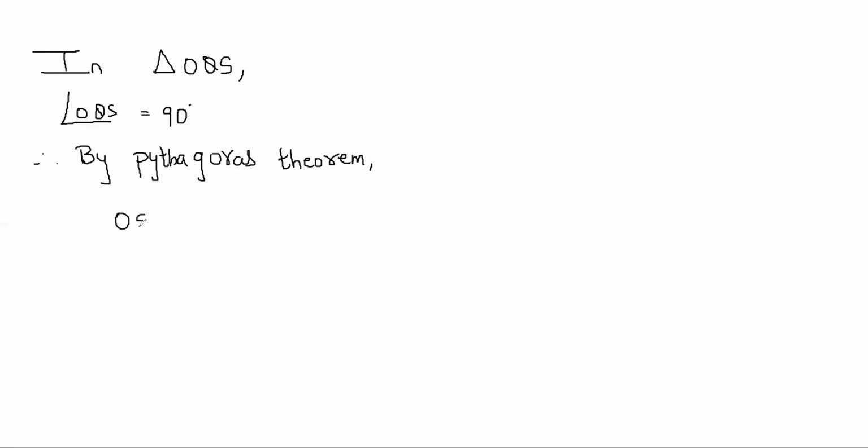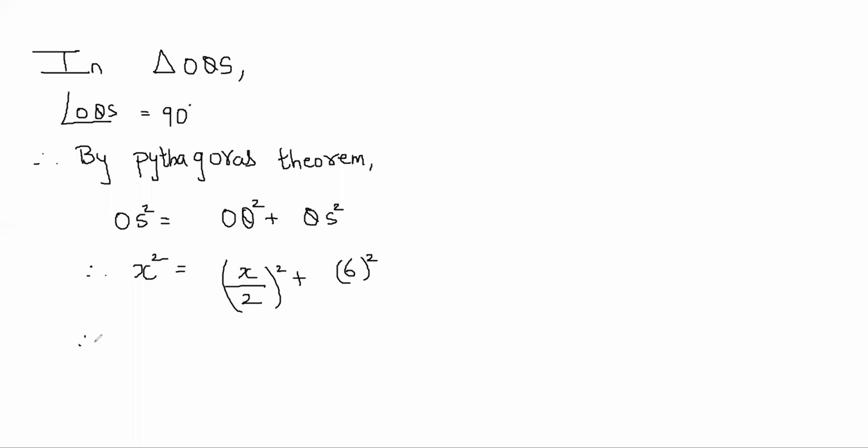So it is OS square is equal to OQ square plus QS square. Therefore, x square is equal to x upon 2 the whole square plus 6 square. Solve this and we will get the value of x.